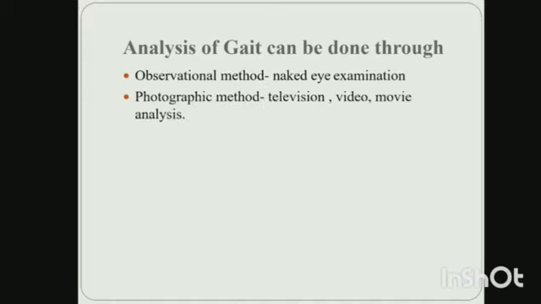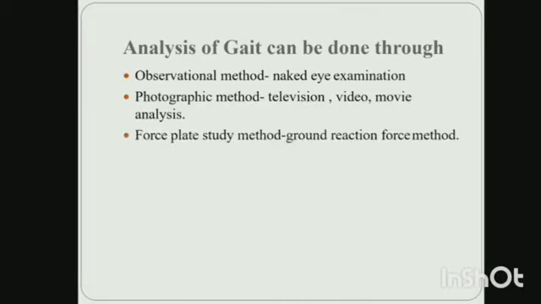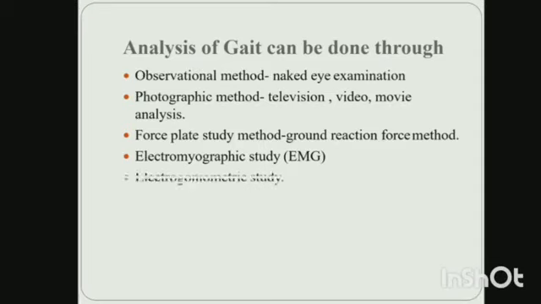Analysis of gait can be done through observational methods, like naked eye examination, photographic methods through television, video, movie analysis, force plate study method, ground reaction force method, electromyographic study, which is also called EMG, electrogoniometric study.